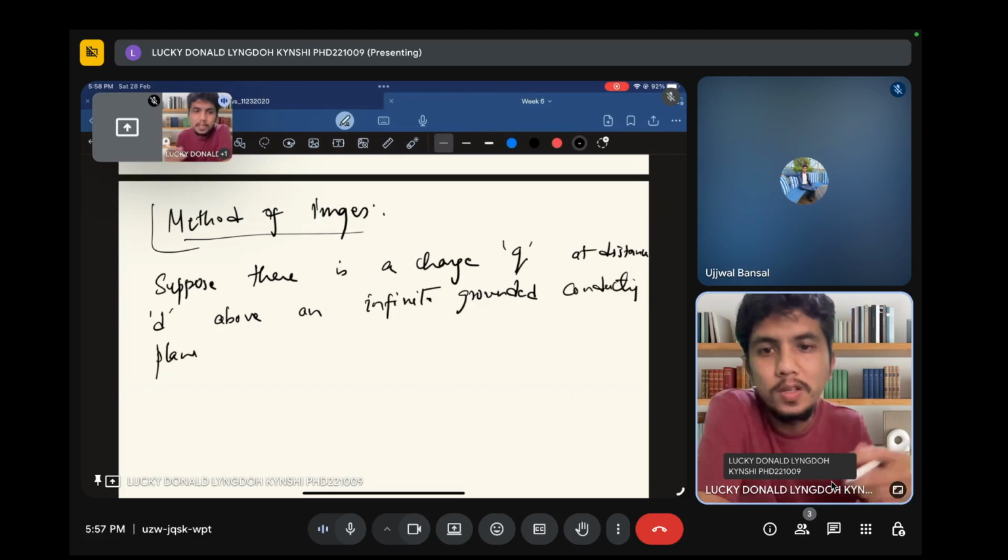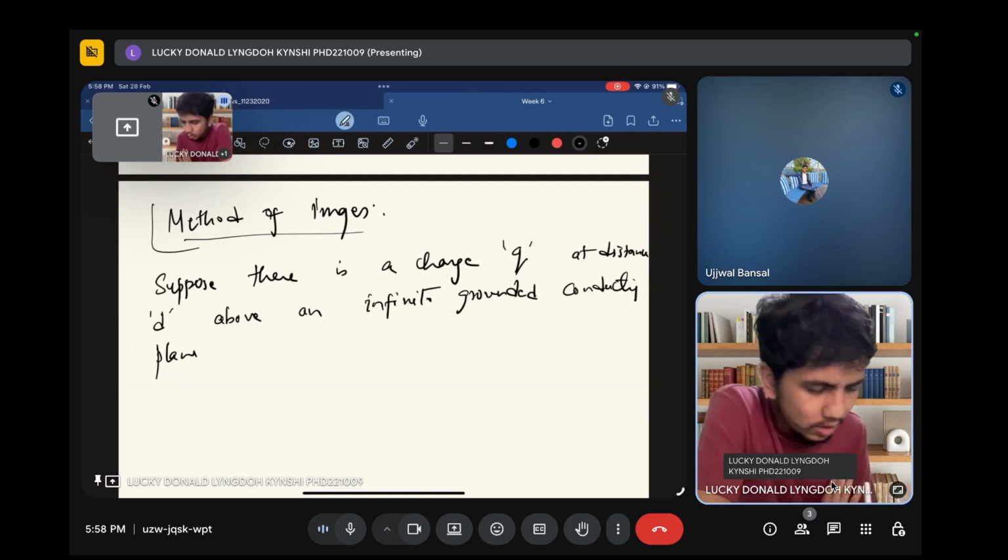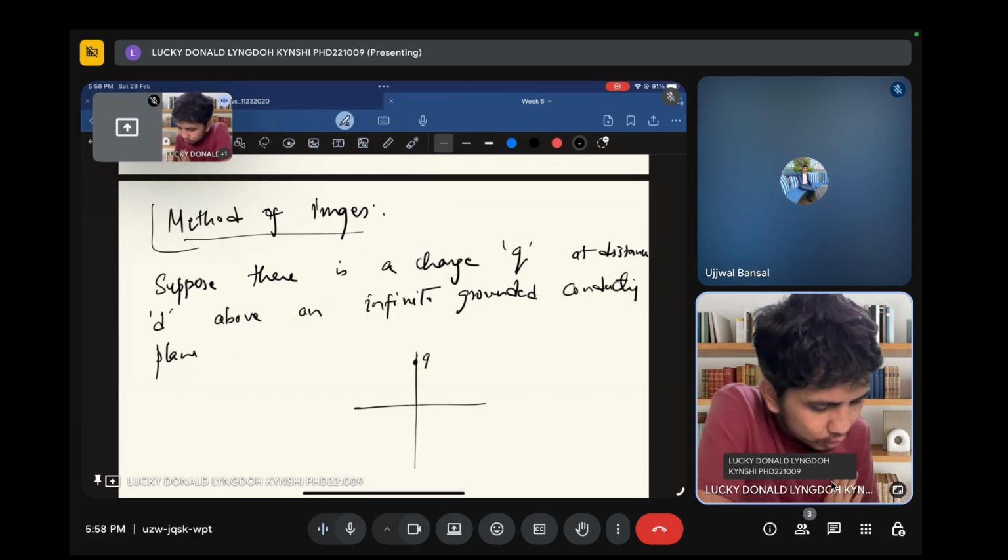In the main question, a conducting sphere is given; here it is given as a conducting plane. I just give you an idea. So that means suppose you have a plus charge Q here at a distance d from the plane.